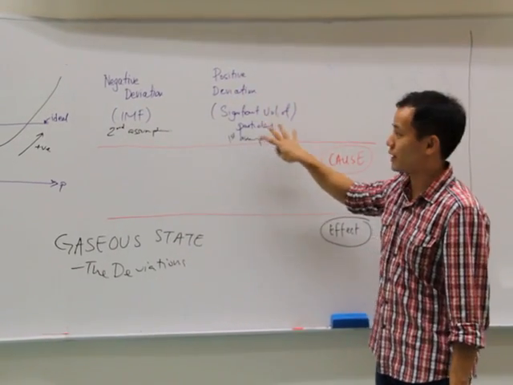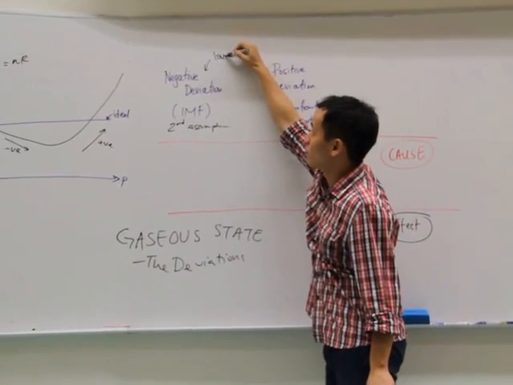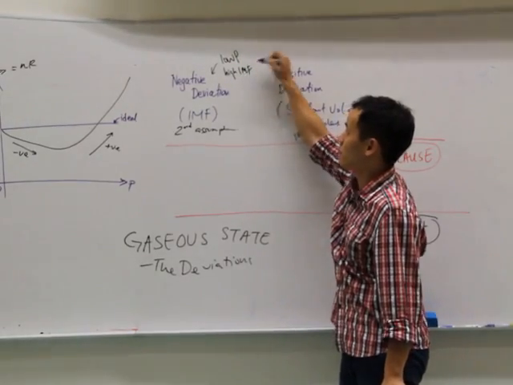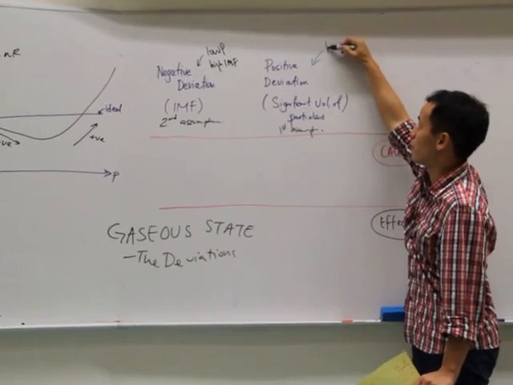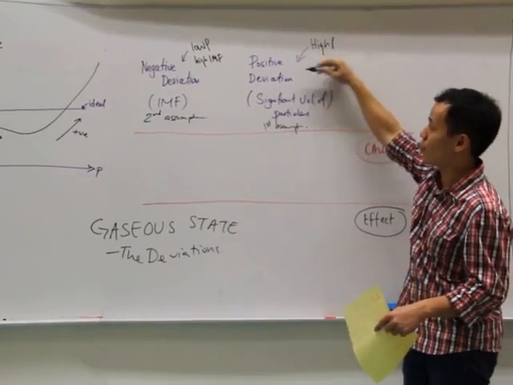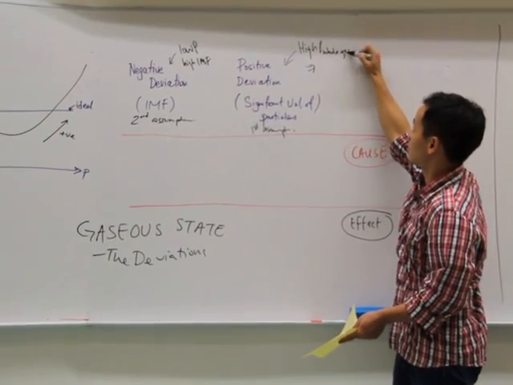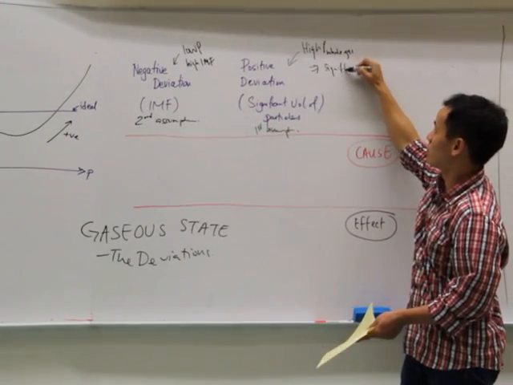This happens when the pressure gets high. So negative deviation is at low pressures, high IMF. Over here, IMF is not a constant anymore. This is where it's high pressure, meaning the high pressure of the gas leads to significant volume.